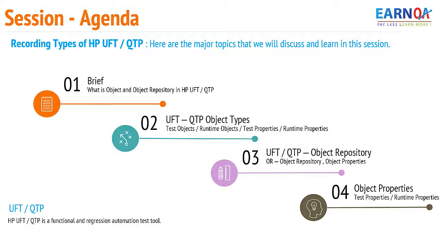Let's get started and learn all about objects and object properties. Let's define what an object is. An object is the one which exists. Anything which exists is an object, either in the real or in the imaginary.